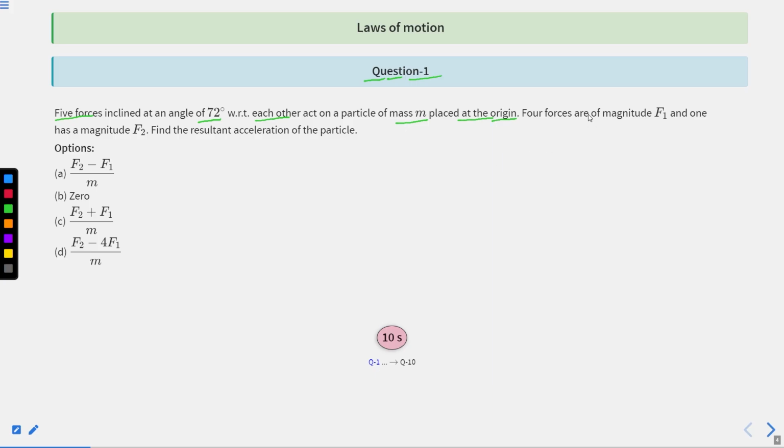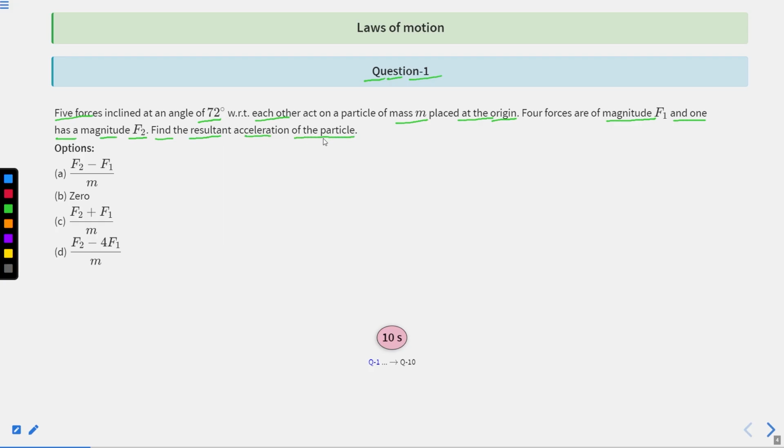Four forces have magnitude F1 and one has a magnitude F2. Find the resultant acceleration of the particle.